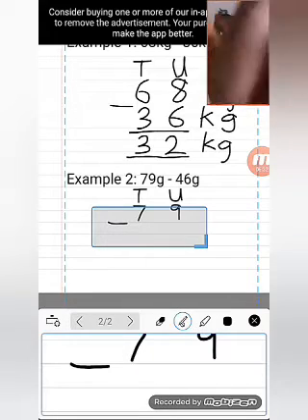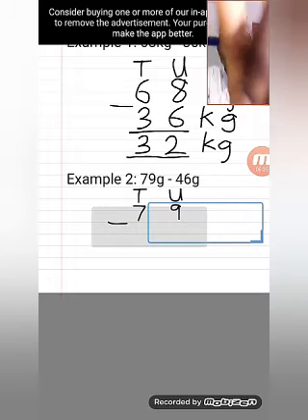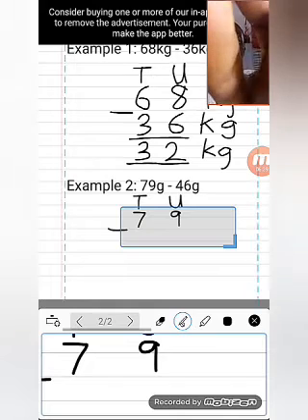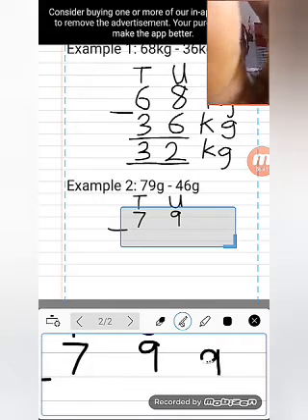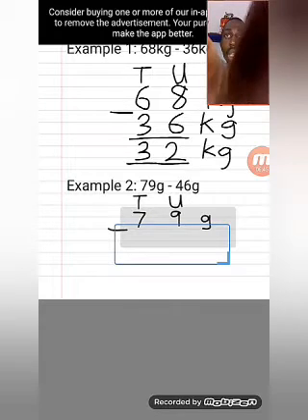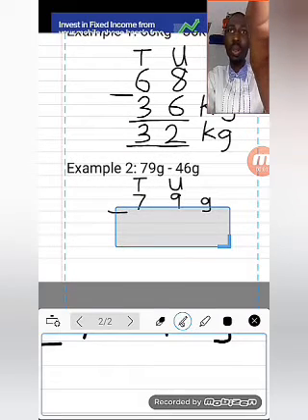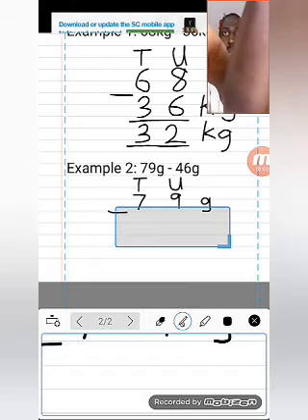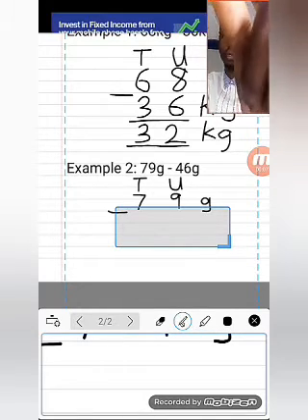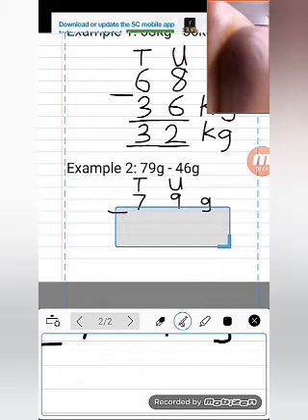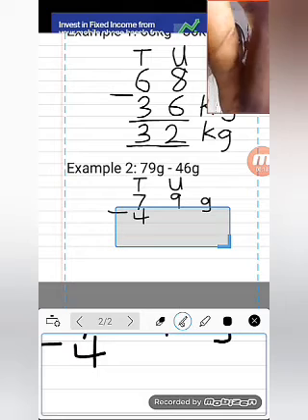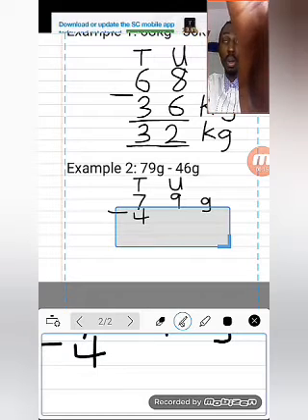Then what are we subtracting? 46. But let's not forget also the unit of 79, which is grams. That's G. So we'll put it there so that we don't forget about our unit. Now the next thing is writing the 46. The 4 is under the tens because it's 40.